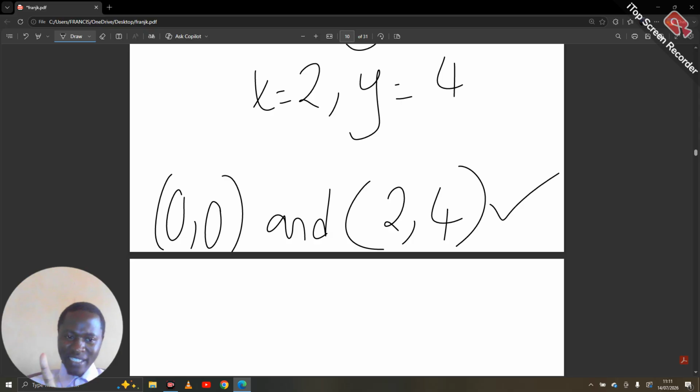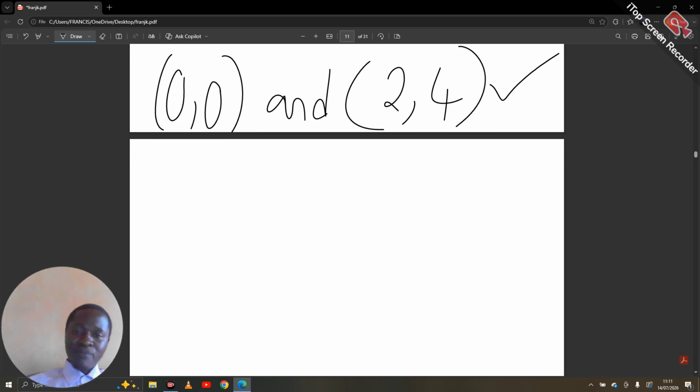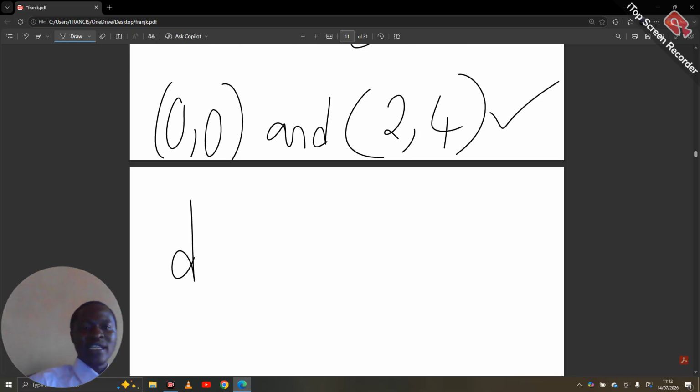Tick. You've answered the first part of the question. Now you want to answer the second part, that is determining their nature. To determine the nature, you use the derivative method.